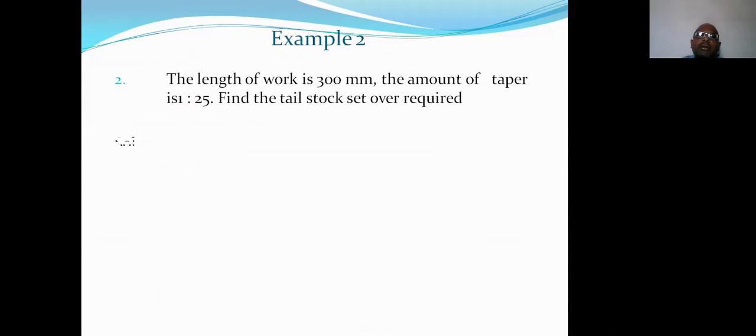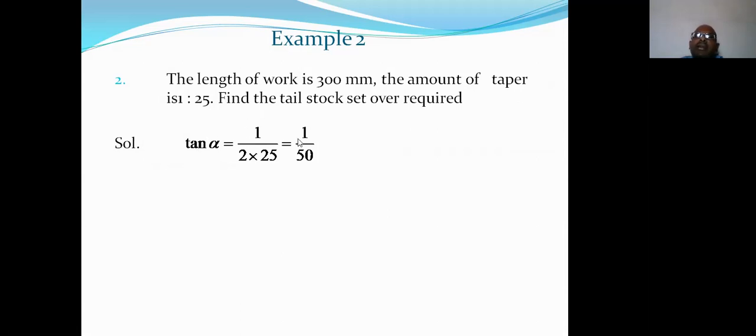Very simple calculations. For the next calculation, the length of the work is 300 millimeter, and the amount of taper is 1 in 25. That means half of the change in diameter is 1 by 2, or 0.5, for a length of 25. That is how tan alpha is calculated.